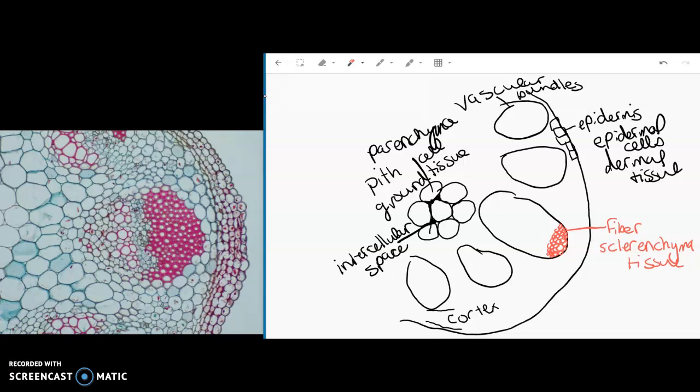Inside that bundle cap, we have a region of very thin, delicate-looking cells, and they're usually stained slightly blue, kind of like a band in each one of those vascular bundles. And this band of cells is the phloem.